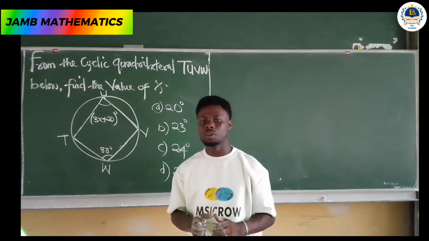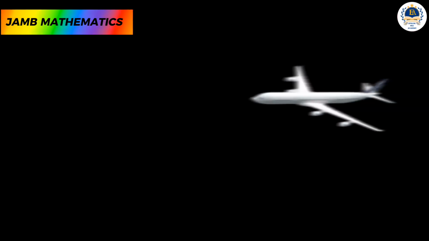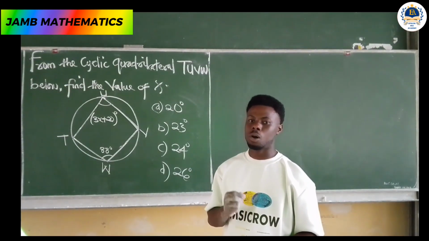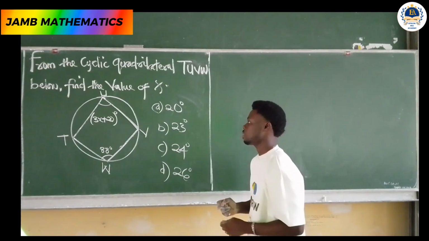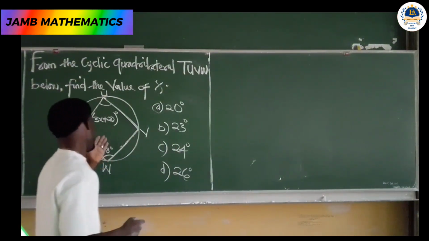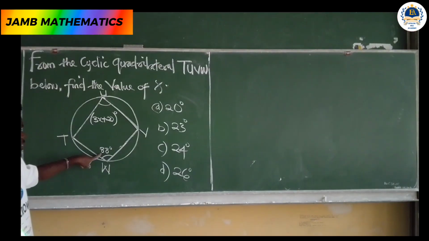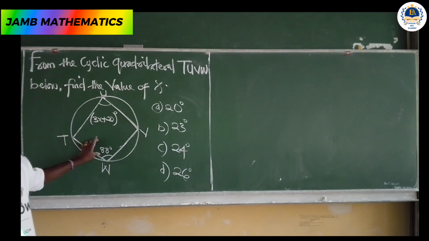One of the theorems in cyclic geometry states that in a cyclic quadrilateral, the opposite angles add up to 180 degrees. So in the diagram, we have 3x plus 20 degrees, opposite to 88. So we are going to add up this and equate it to 180 degrees.